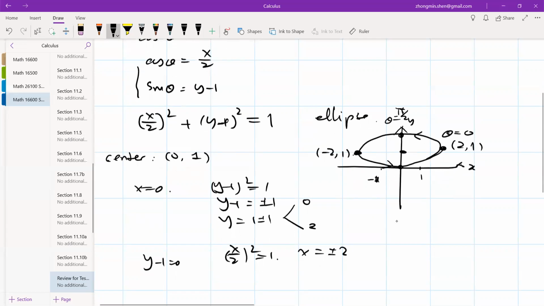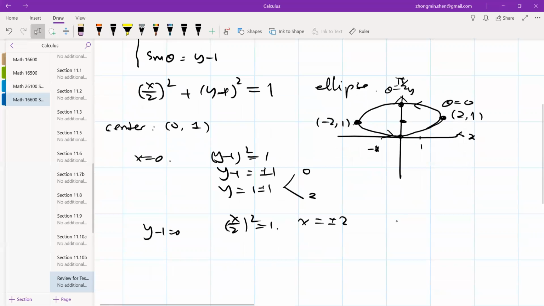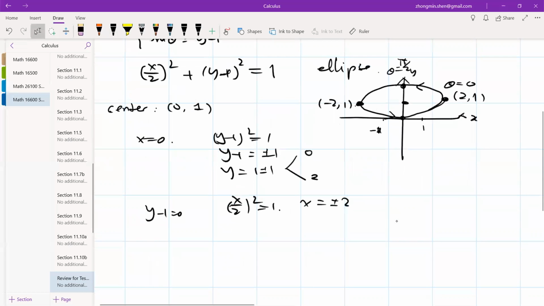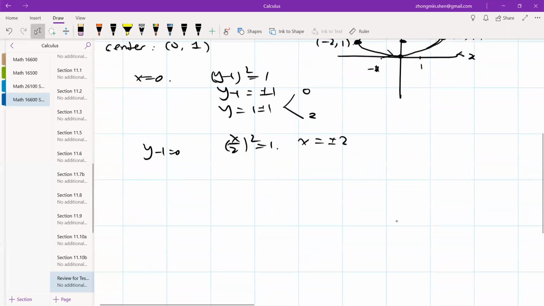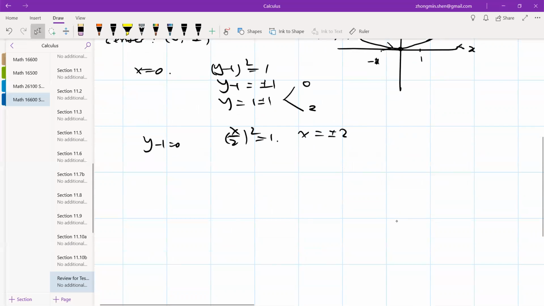That's enough. So always try to use Cartesian equations when possible to help you draw the graph.